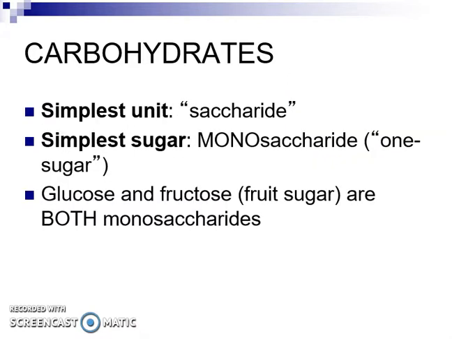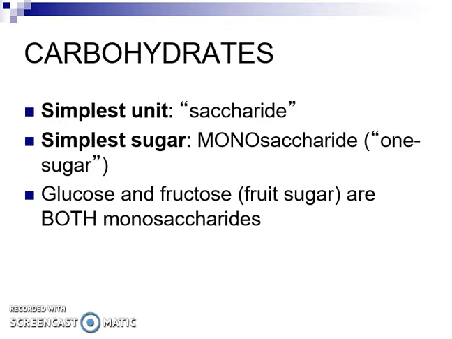Going forward, the simplest unit of a carbohydrate is a saccharide, or a sugar molecule. The simplest sugar, a monosaccharide, just stands for one sugar. Glucose and fructose, which is fruit sugar, are both monosaccharides. Like I said, glucose is going to be one of the most important carbohydrates you need for the living environment regions.